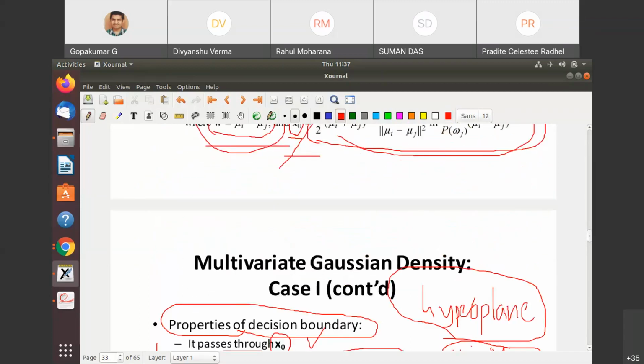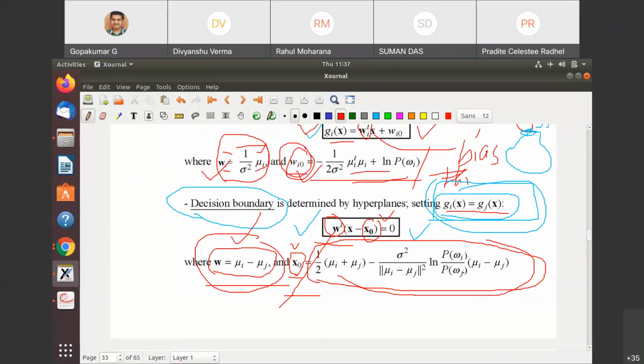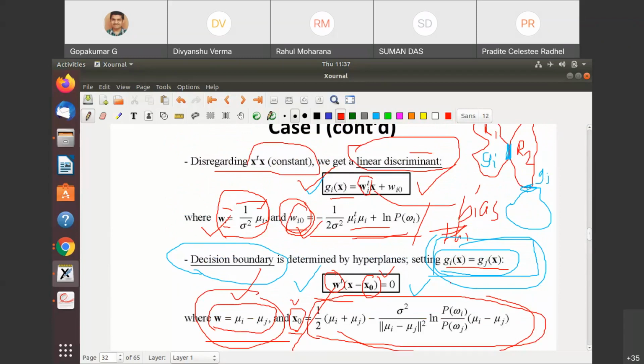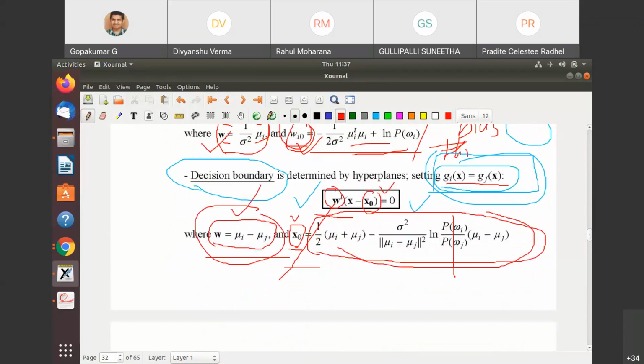Now if we look into this particular equation, there are very interesting things. For example, what is going to be the case when the prior probabilities are the same? That means the probability for class 1 and class 2, or wi and wj, are the same, then this term will vanish.